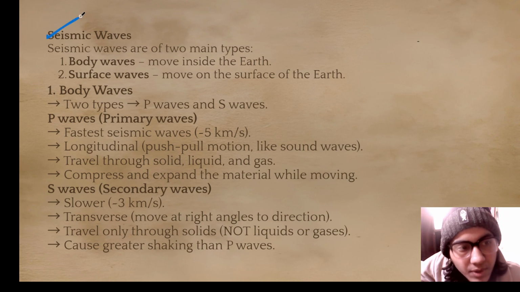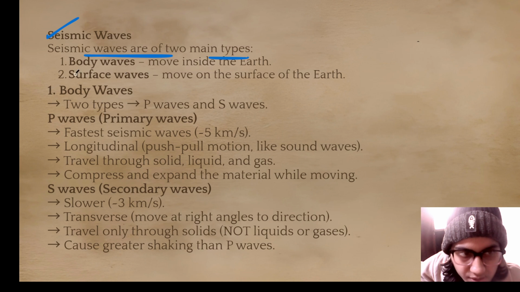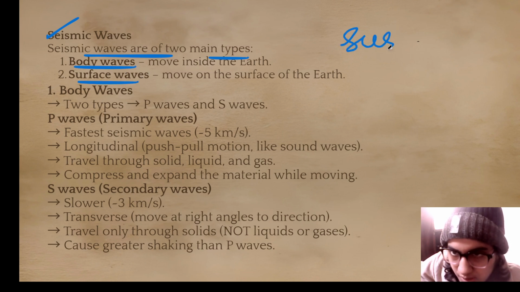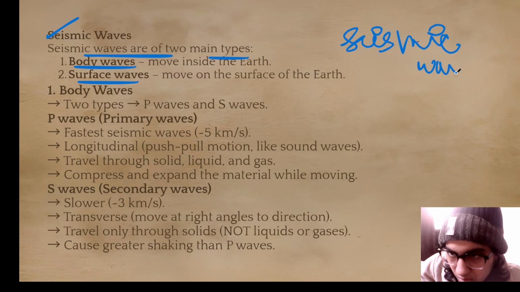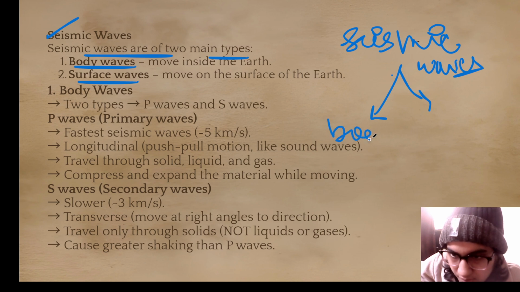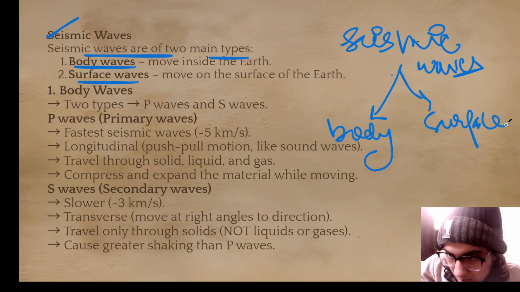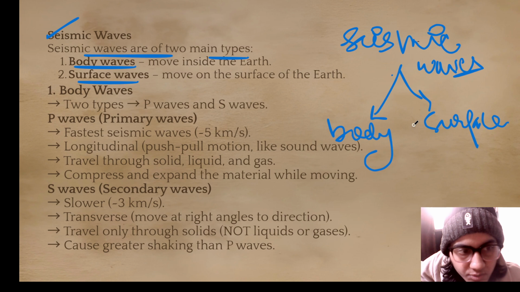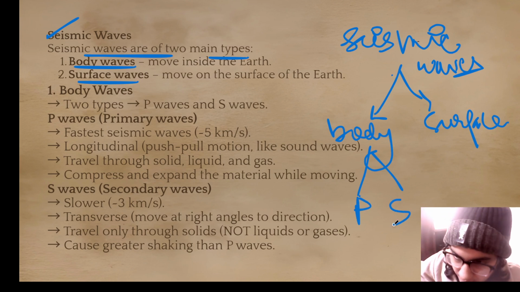So let's study the seismic waves. Seismic waves are of two main types: body waves and surface waves. Body waves are further divided into P waves and S waves.